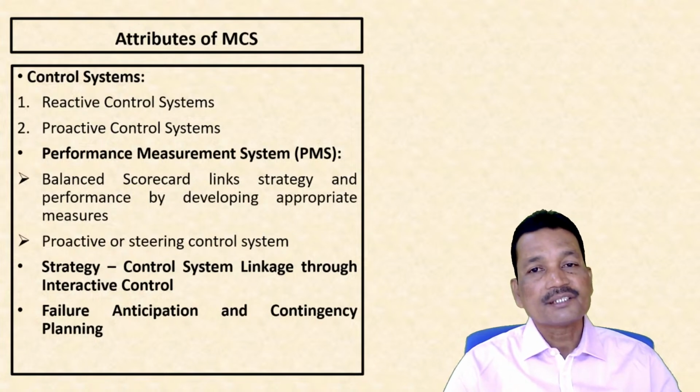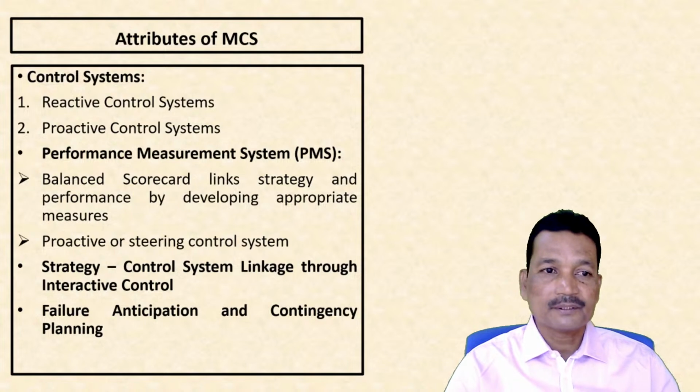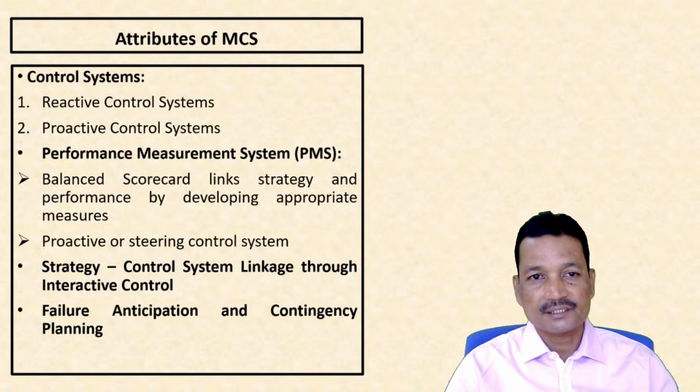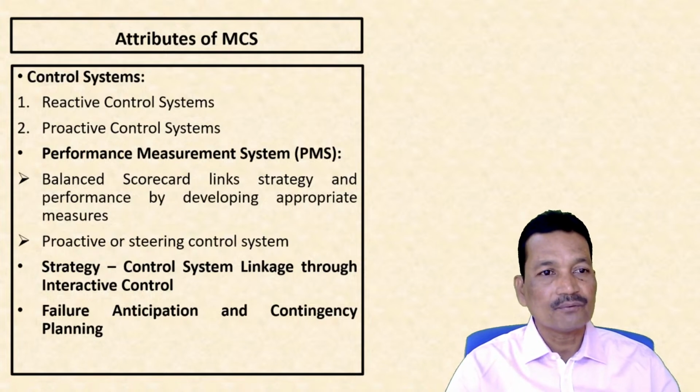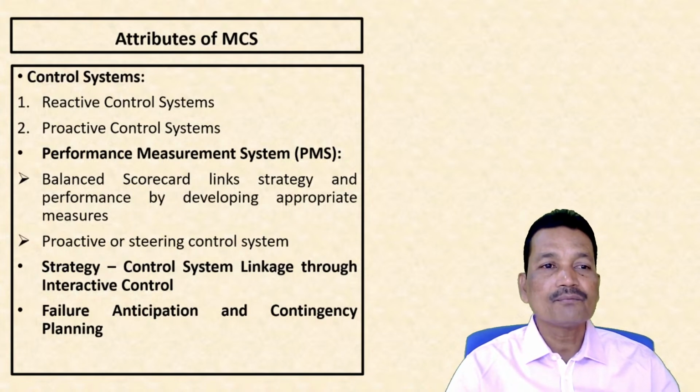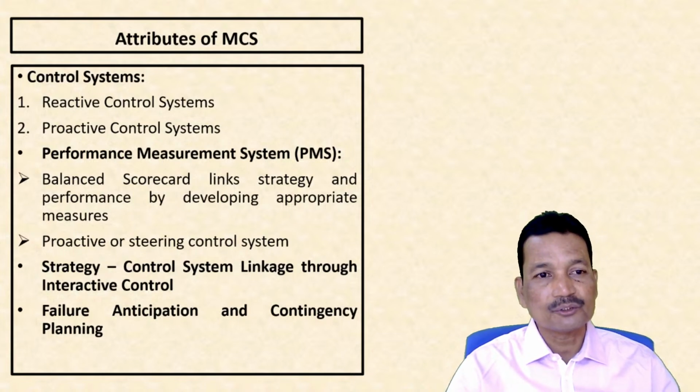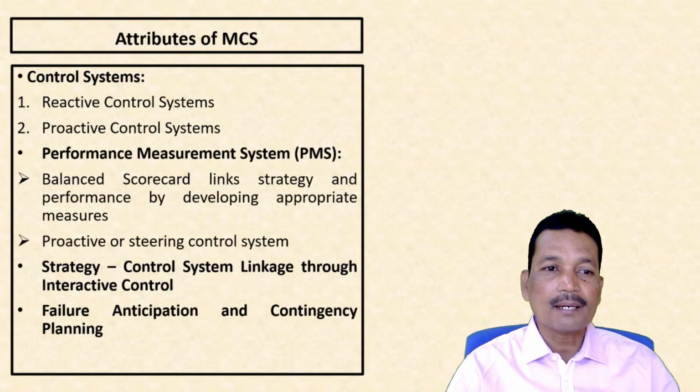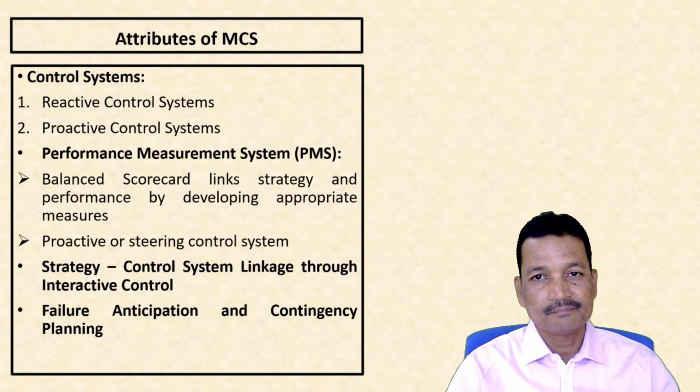So control systems can be of two types: reactive control systems and proactive control systems. For a management control system, the first attribute is what kind of control system we should have. Usually we say we should have a proactive control system.